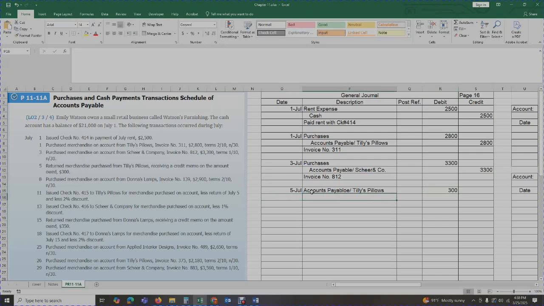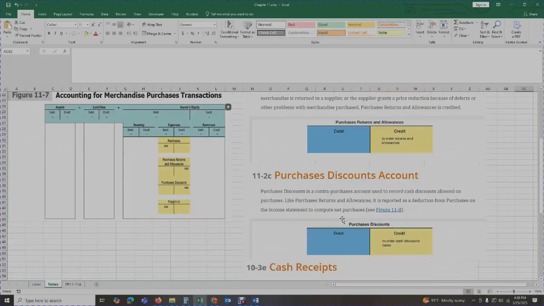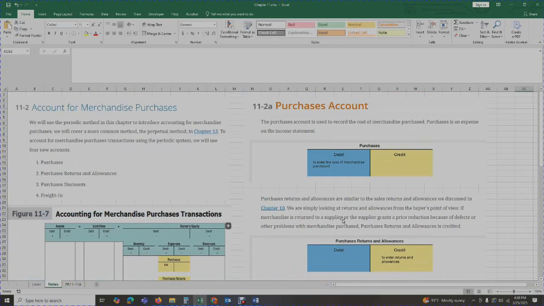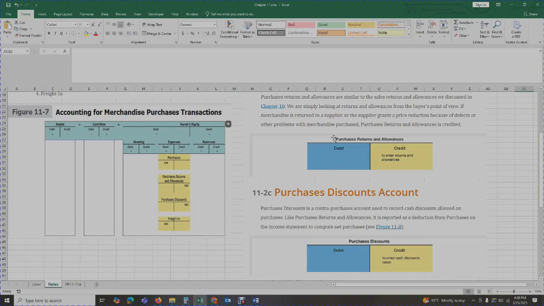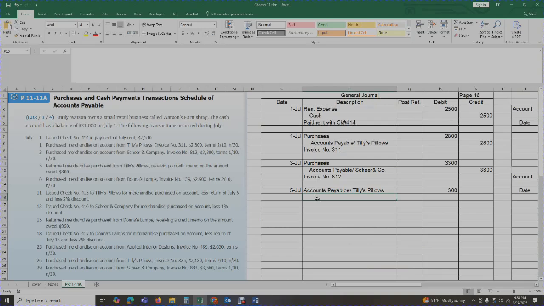And what is happening here? We are doing a return. So if we are doing a return, we have an account for, where is it? Purchases, returns, and allowances. Okay, if we have a return, we're going to credit that account.